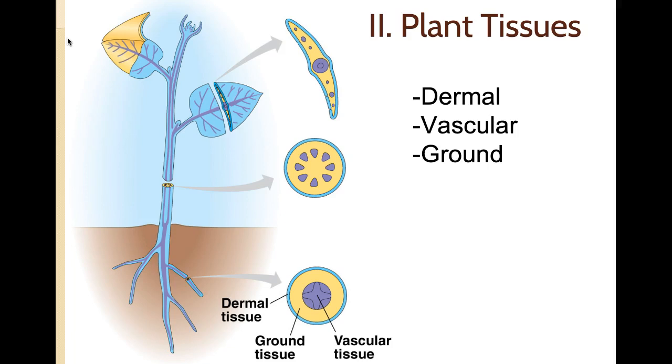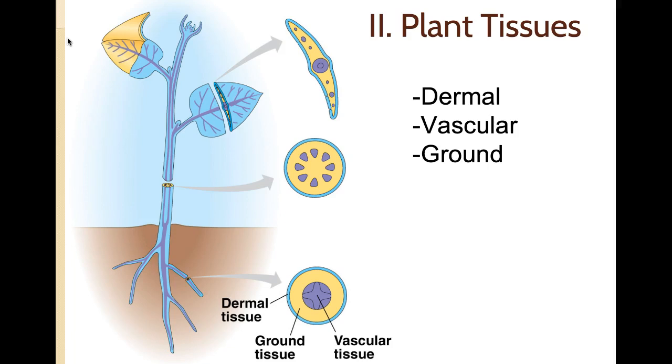There's going to be 3 types of plant tissues which you need to know. To remind you what a tissue is, it's a group of cells that perform some type of a specialized function. So of the 3 types of plant tissues that you'll need to know, dermal, vascular, and ground.